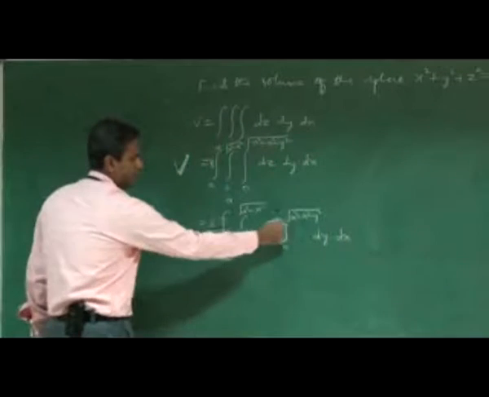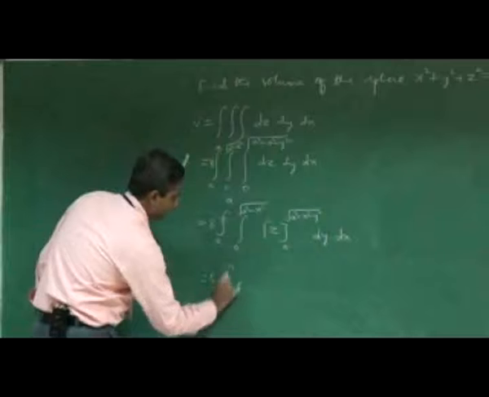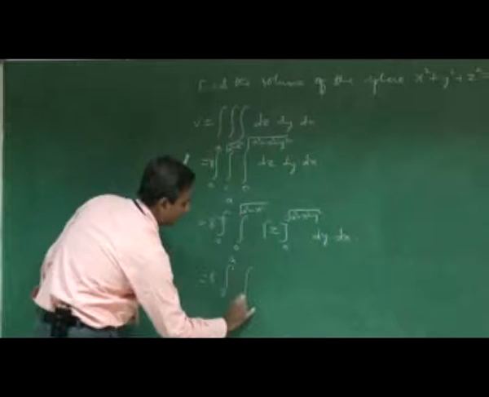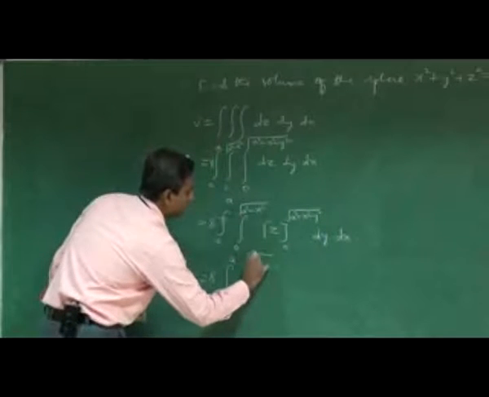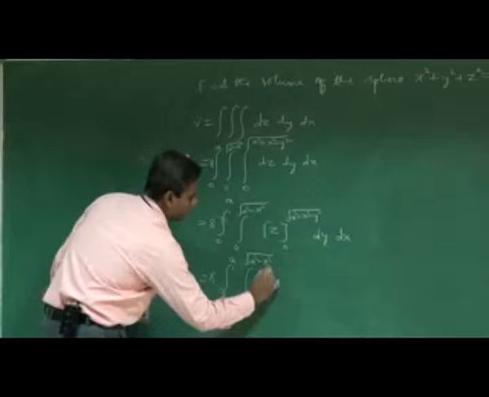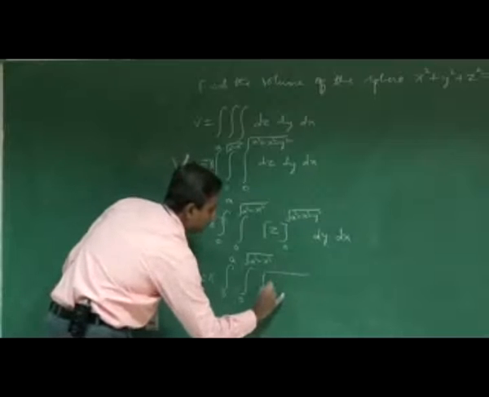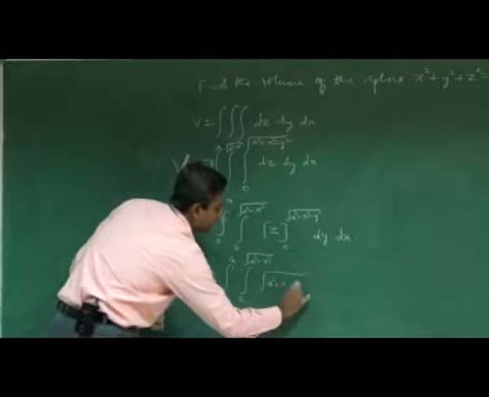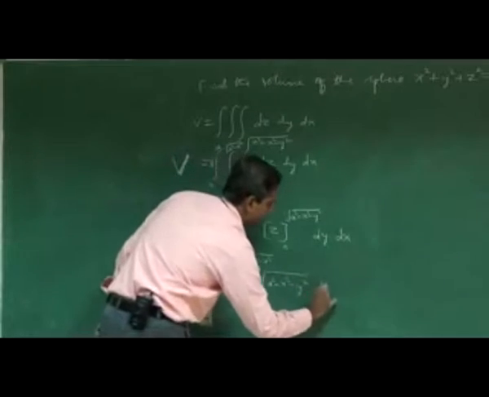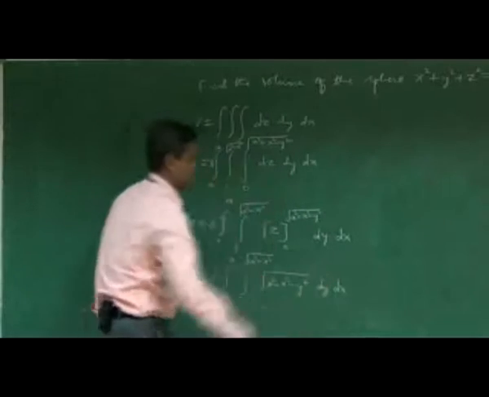Then substituting for z, we get 8 times the integral from 0 to a, the integral from 0 to square root of a squared minus x squared, of the term square root of a squared minus x squared minus y squared, into dy into dx.